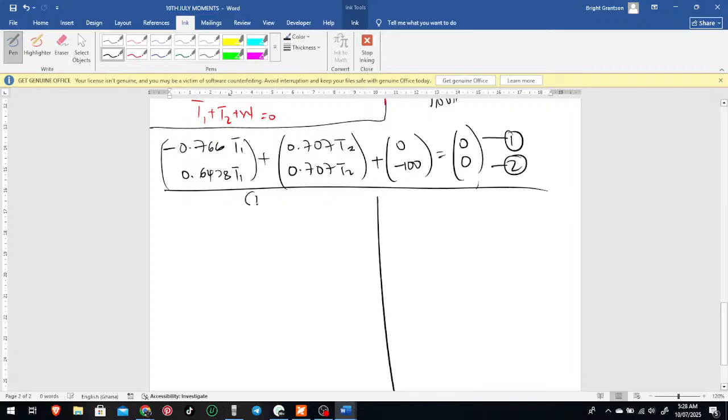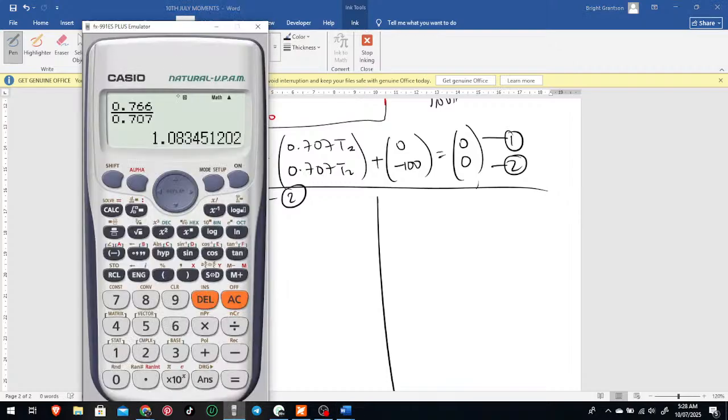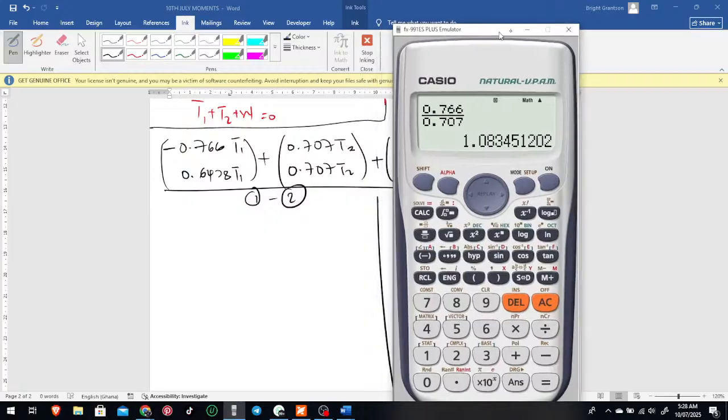Equation 1 minus 2. So this minus this will be the answer. The minus is 0. Everything is in brackets. And use a calculator.